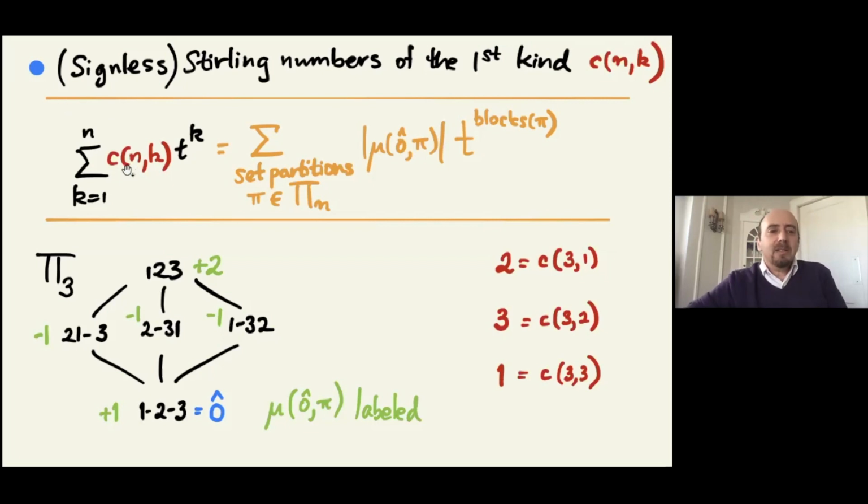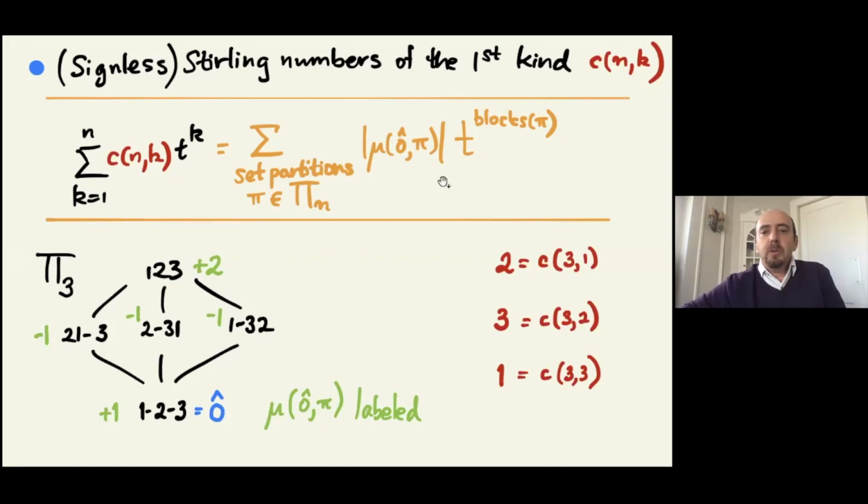The signless Stirling numbers of the first kind, c(n,k), one way to think about them is the coefficients in this polynomial, which is essentially the characteristic polynomial for the partition lattice. It's just an unsigned version of the characteristic polynomial. You might call it the Poincare polynomial for the partition lattice. You sum over all set partitions pi of the numbers 1 through n, and here I've drawn Pi 3, the set partition lattice.